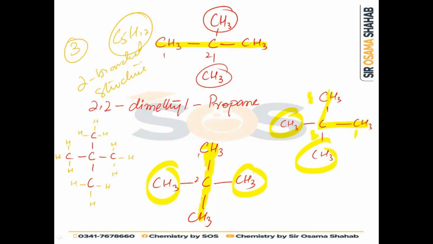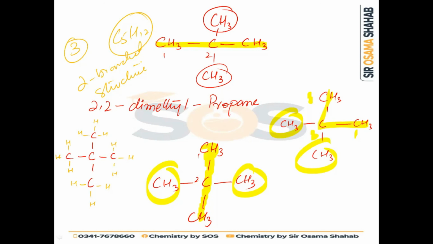You need to remember that isomers have the same number of carbons and the same number of hydrogens, which means they have the same number of electrons. We need to remember that chemical properties are due to the valence electrons. So isomers have different structures, definitely, but they have the same chemical properties because they have the same number of electrons in the outermost shells.